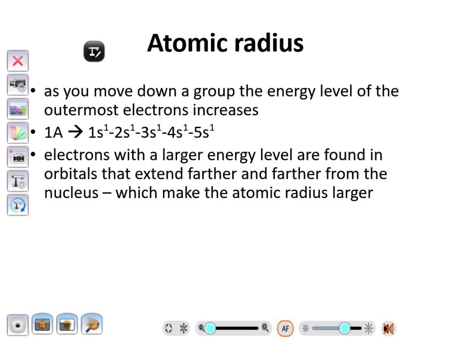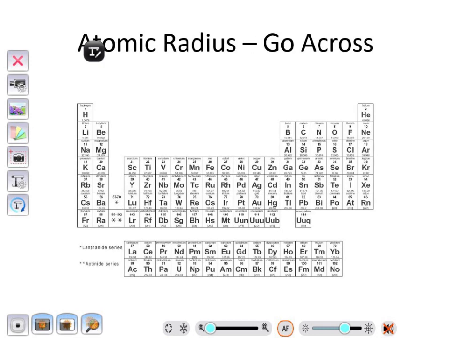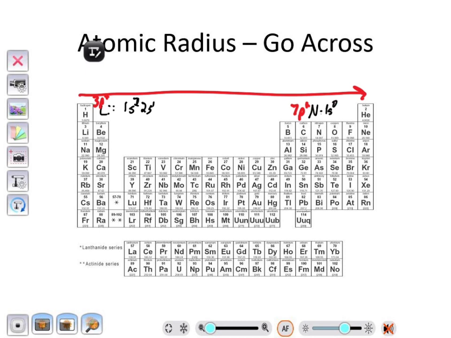Okay. Then that leads us into, as you go across a period, this is the situation that we talked about a second ago, where you've got that Li that's 3 protons, which is 1s2, 2s1, compared to the 7 protons of nitrogen, which is 1s2, 2s2, 2p3.